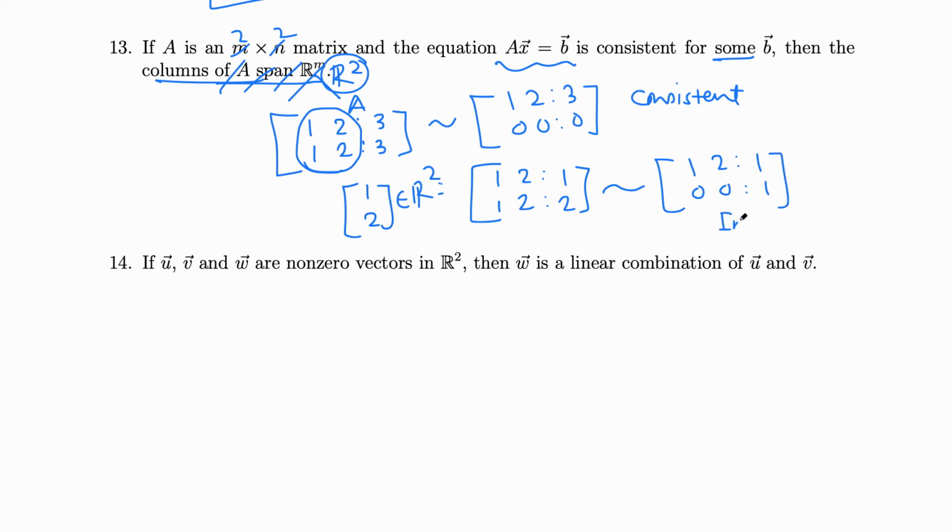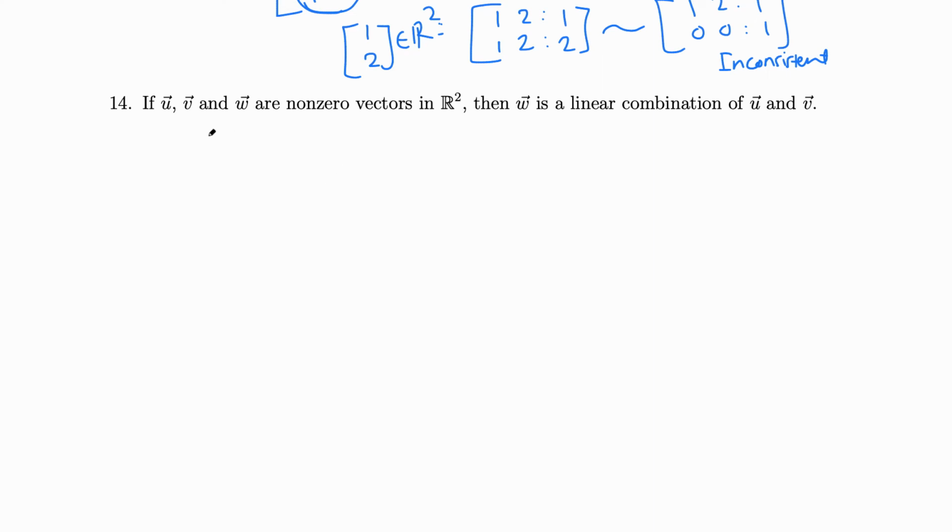So this is inconsistent. Inconsistent means this vector is not a linear combination of these two column vectors. So we cannot span R2, because I took 1 2 and it's not working. The whole idea is we have the same vectors. Look, 1 1 2 2. If we graph that in R2, they produce the same line.